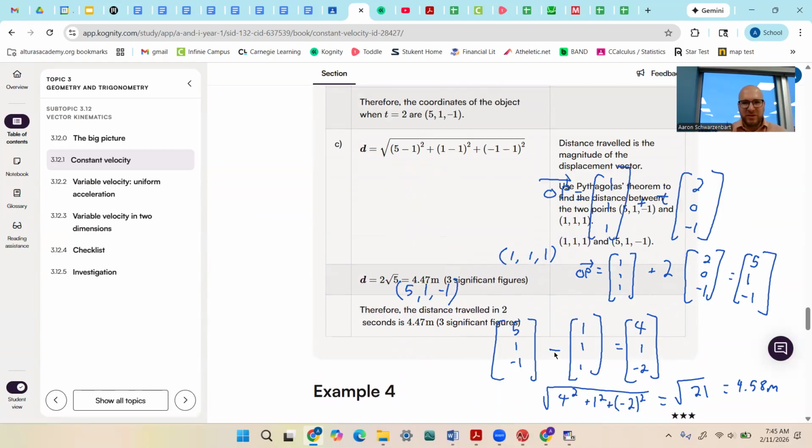Oh, it would help if I subtracted correctly. 1 minus 1 was not 1, it's 0. So that goes away. This becomes square root of 20, which is not 4.58, but 4.47 meters.